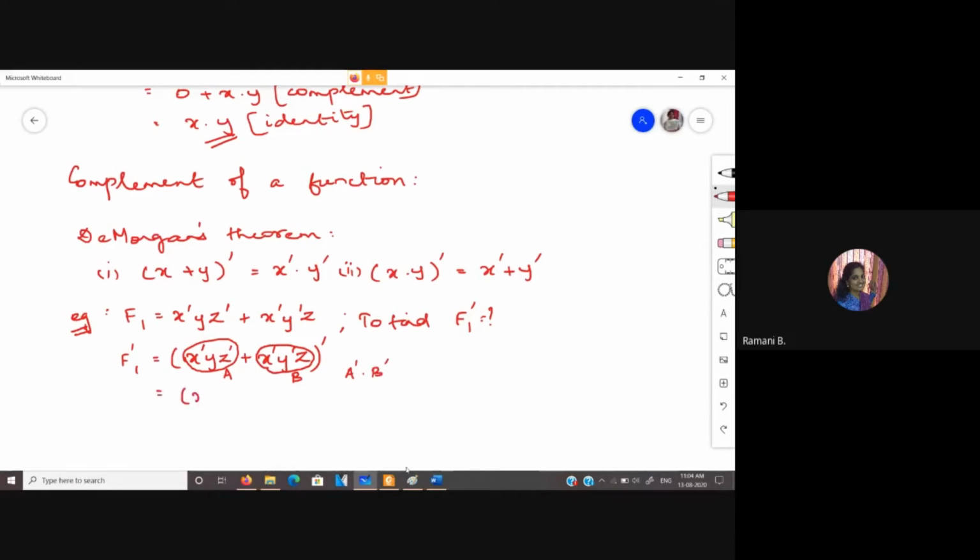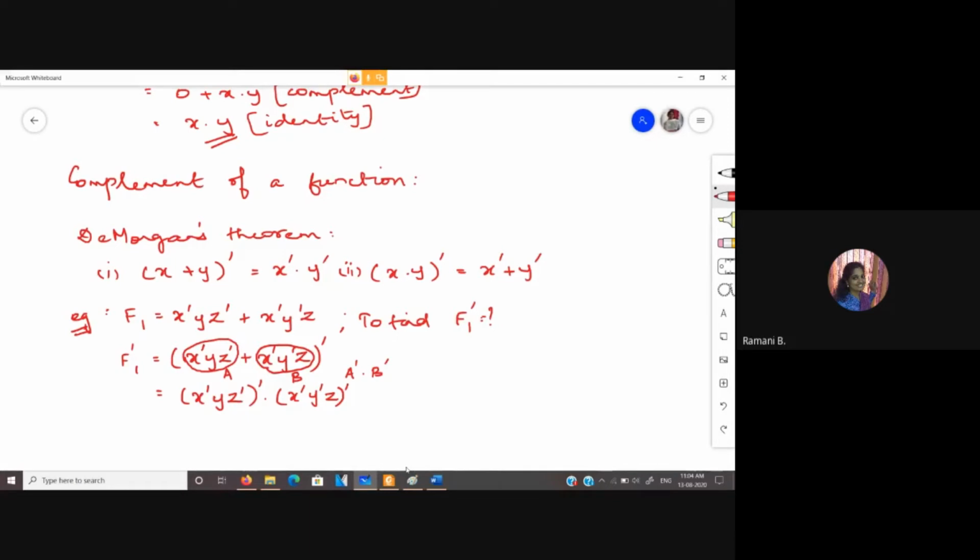So I will have this as x bar y z bar the whole bar. This is my a, so x bar y z bar dot, this is my b, so x bar y bar z the whole bar. Okay, so now again we are having this in this particular format, that is, let us consider this to be x dot y the whole bar, and we need to take this.